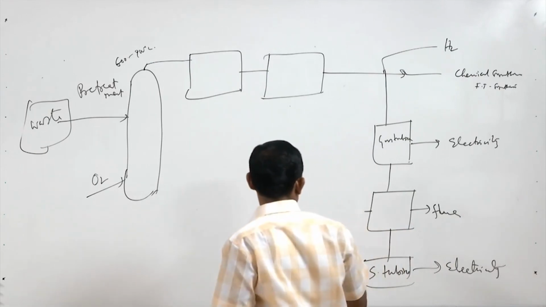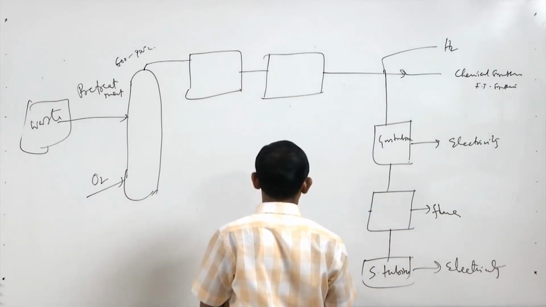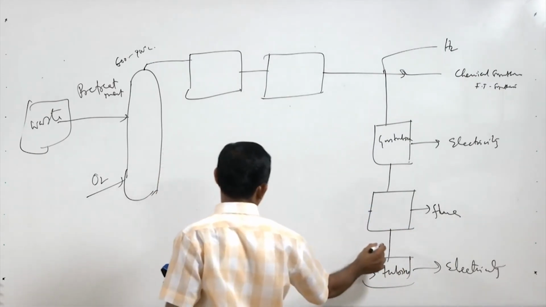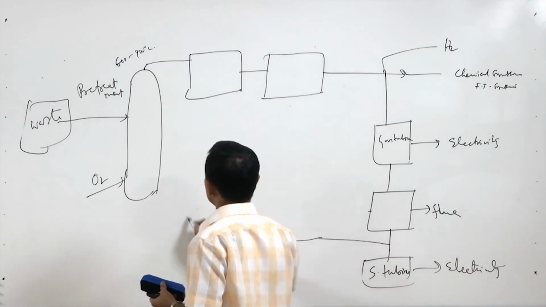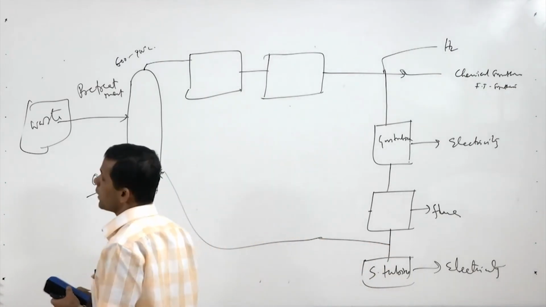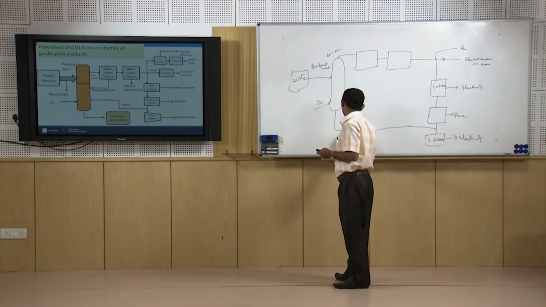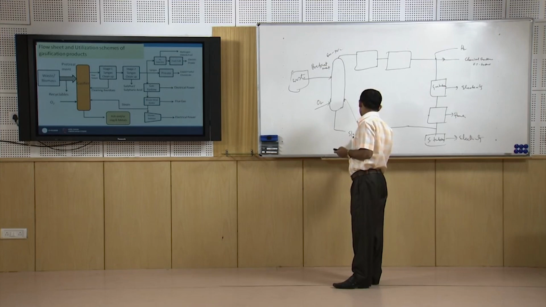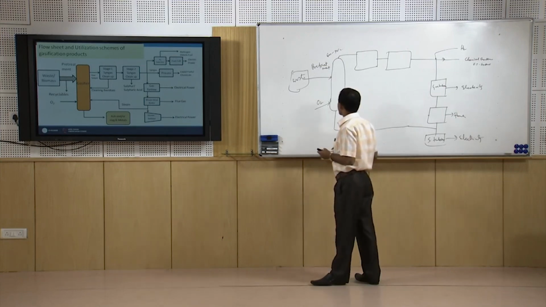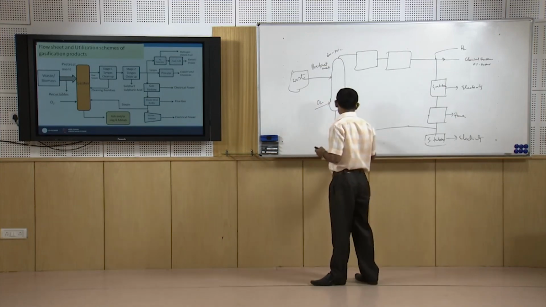electricity. And part of the steam which is produced here can be used in this gasifier if it is required, and from the bottom of the gasifier we will be getting the slag and ash.